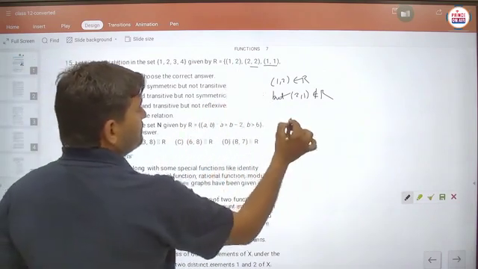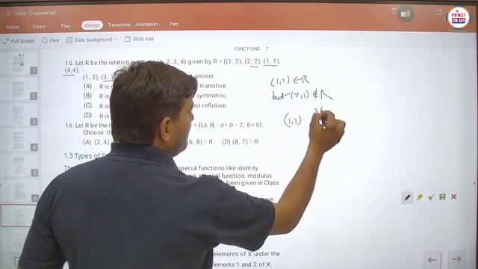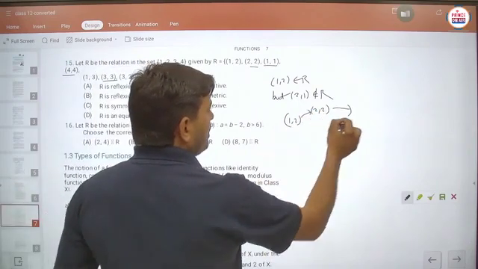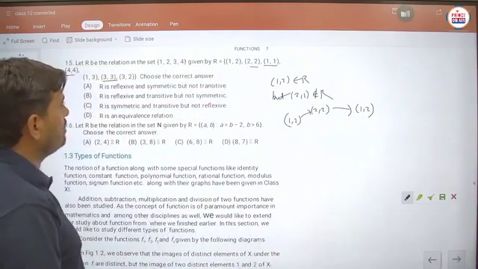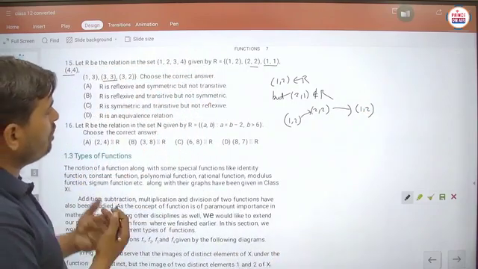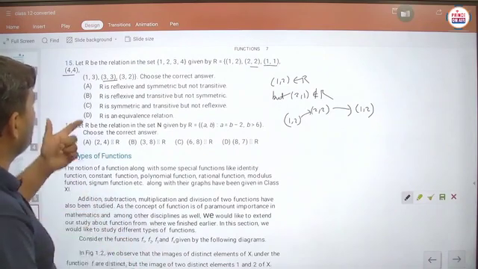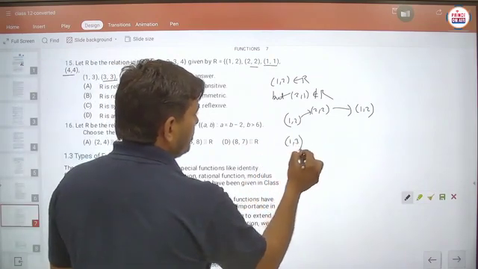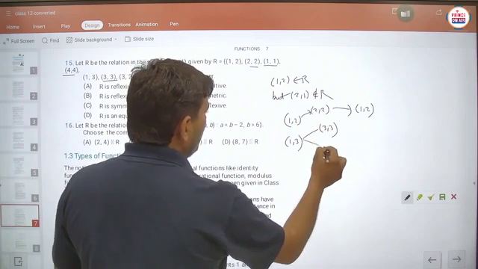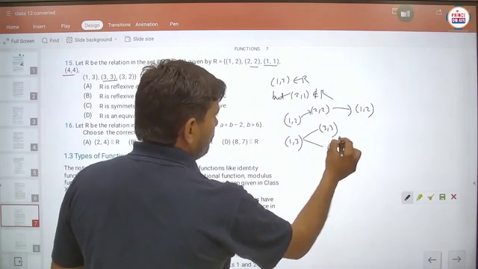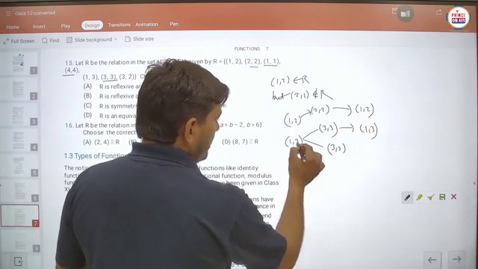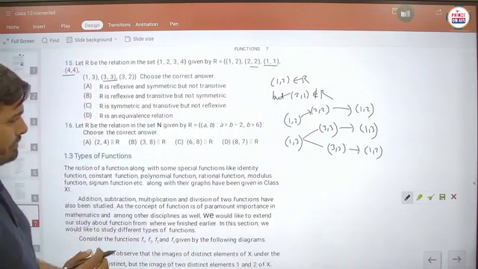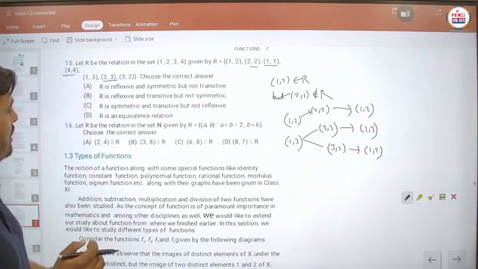Then, by the rule (a, b) and (b, c), we get (1, 2), which belongs to R. Similarly (2, 2), (1, 1) and (4, 4) automatically hold. Now take (1, 3) and (3, 2): one ordered pair is (1, 3), the second is (3, 3) or (3, 2), so (1, 2) must be available, and it is. So this is said to be transitive.